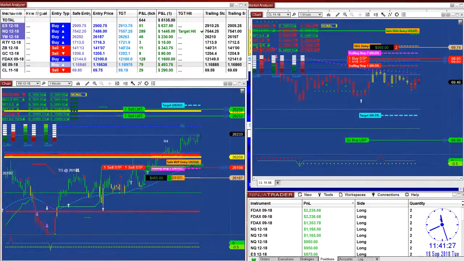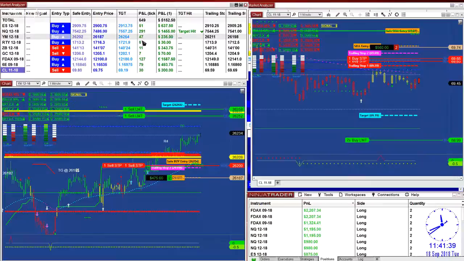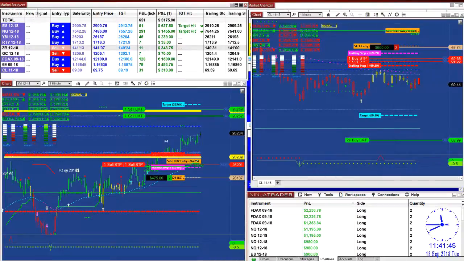At the moment, we have 50 ticks on the ES and 290 ticks on the NASDAQ based on the last signal, and 48 ticks on the YM, 6 ticks on the Russell. Don't let it fool you, guys. This ES is over. There is nothing.